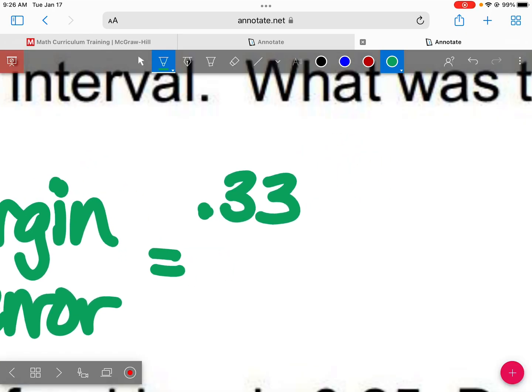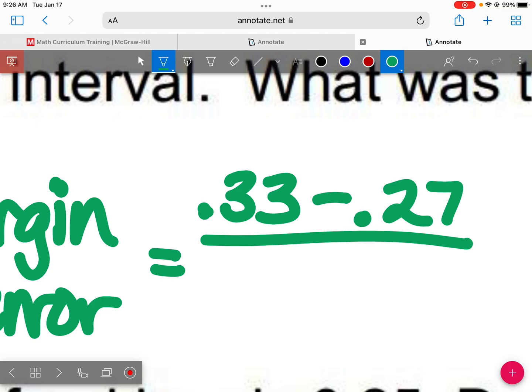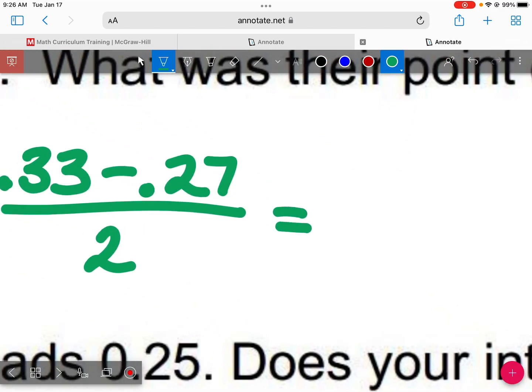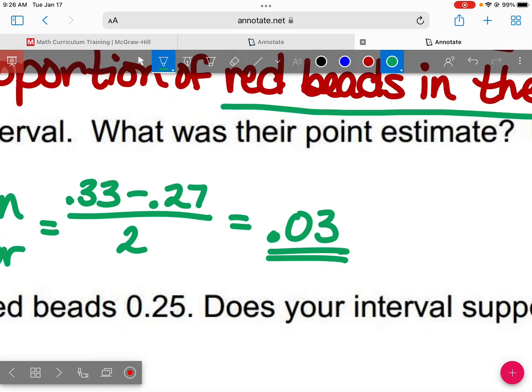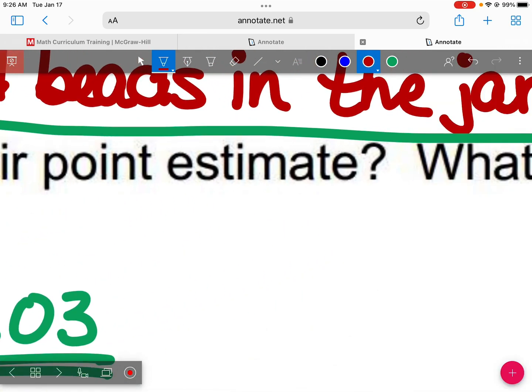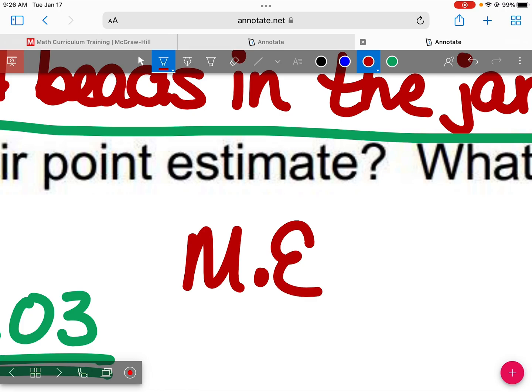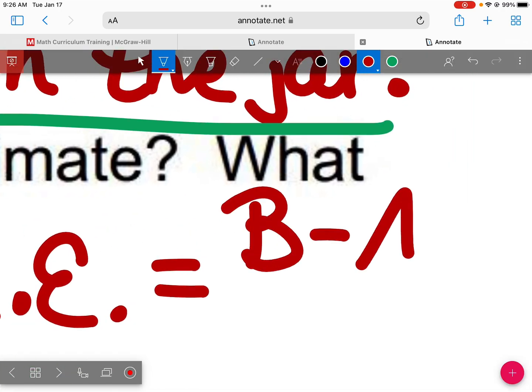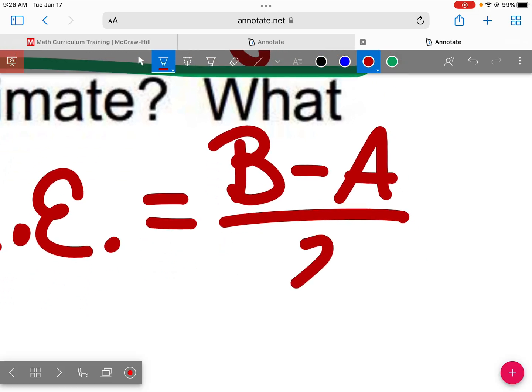This one happened to be a very easy computation to just look at the difference between the point estimate and the upper and lower bound on our interval. But we end up with 0.03 here. So for margin of error, we take the larger end of our interval minus the smaller end and cut it in half. That's what you added and subtracted to both sides.